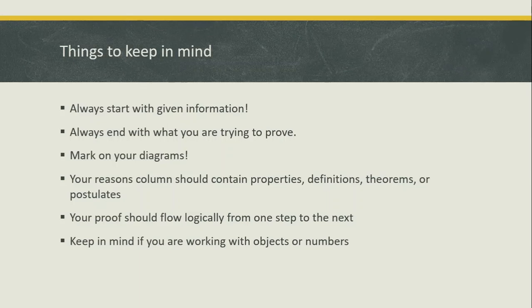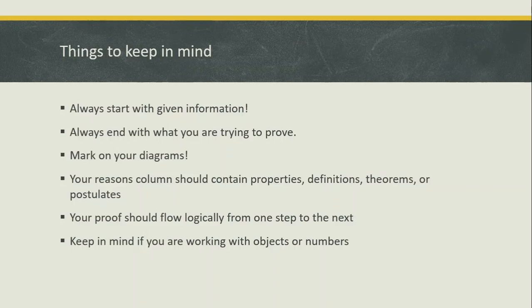One thing as we're getting into geometry here, keep in mind if you're working with objects or you're working with numbers. One is the equality, the equal sign, versus congruence, the congruent sign. So whenever we're working with numbers, we need to be dealing with the equal sign, and whenever we're working with objects, we need to be dealing with the congruent sign.